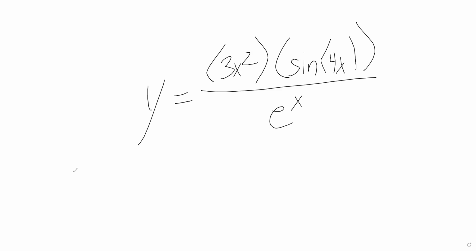But all you have to do is just break it down. You see that it actually is just a combination of the different forms that we use. We have product rule, quotient rule, chain rule. So we'll do bottom, e to the x, times the derivative of the top.